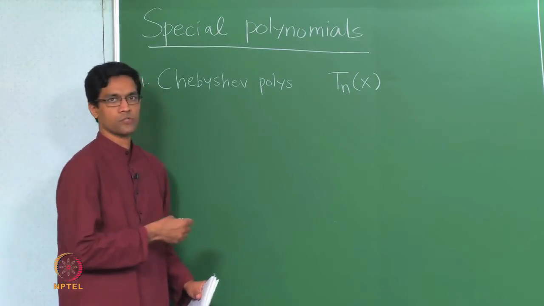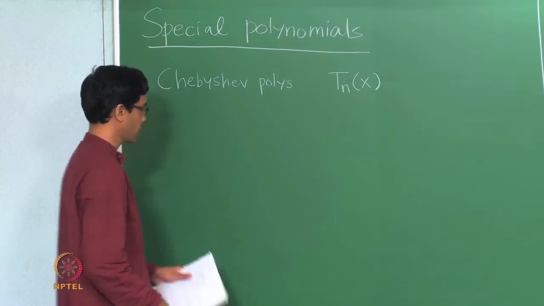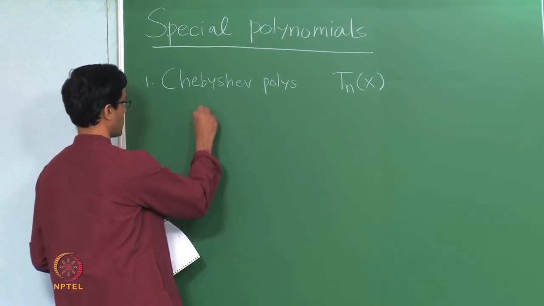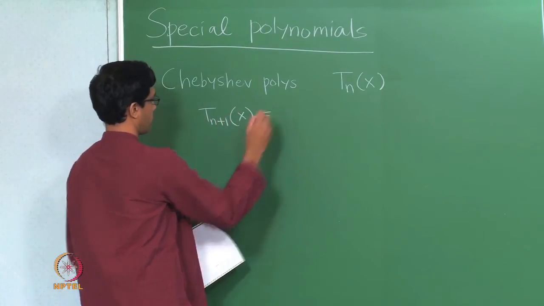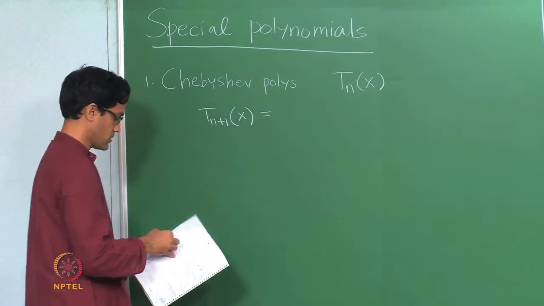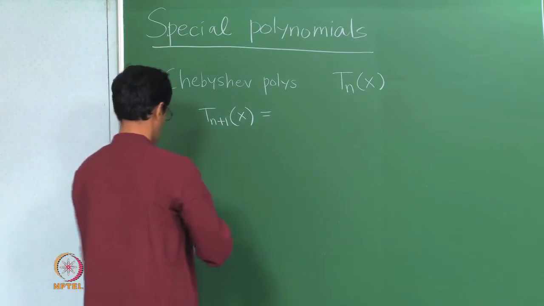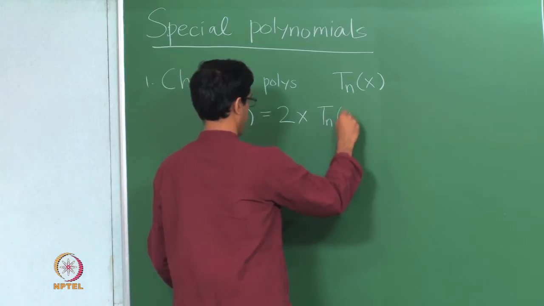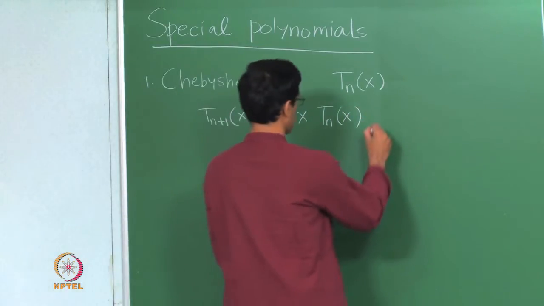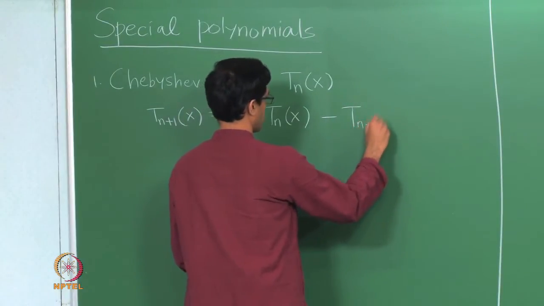But it was also true that Tn was given by a recurrence relation, and recall the recurrence was the following. Tn plus 1 of x was 2x Tn of x minus Tn minus 1 of x.